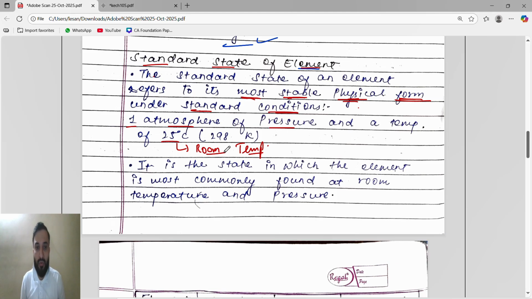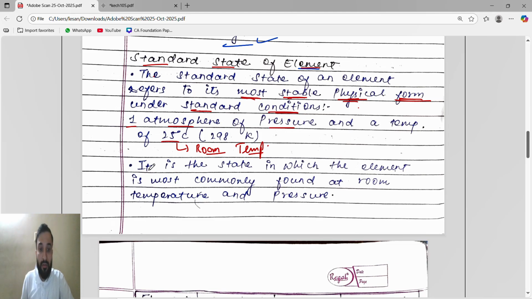The standard state of an element refers to its most stable physical form under standard conditions. The definition is important. So what is the standard condition? 1 atm and a temperature of 25 degrees Celsius, which is room temperature, nothing but 298 Kelvin.